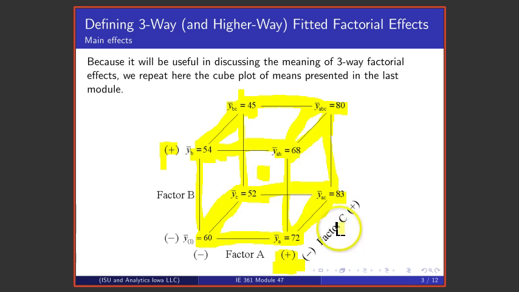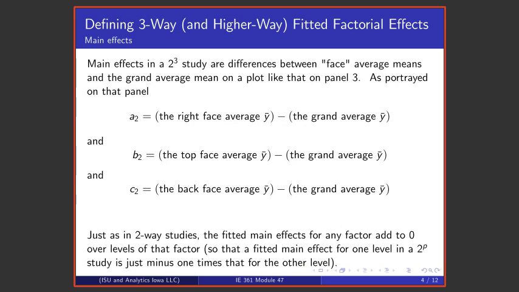And then finally, the fitted main effect of factor C at its second or high level is a back face average minus a grand average, and the main effect of factor C at its low or first level is a front face average minus a grand average. So as I've just illustrated, that's the meaning of A2, there's the meaning of B2, there's the meaning of C2.